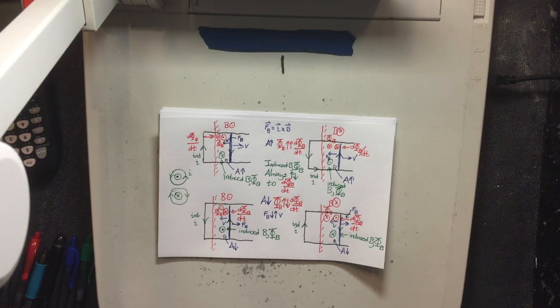Through observation, you look at it. In every single case, the force from the magnetic field on the bar is always opposite of the velocity.